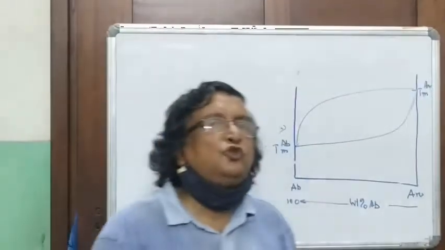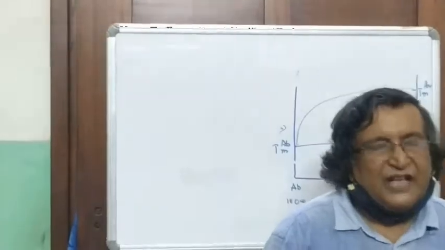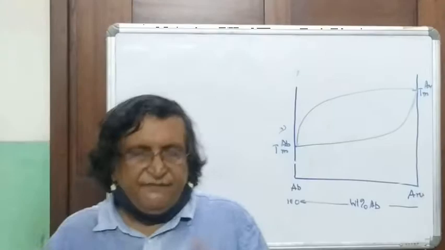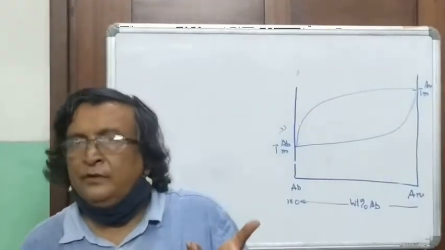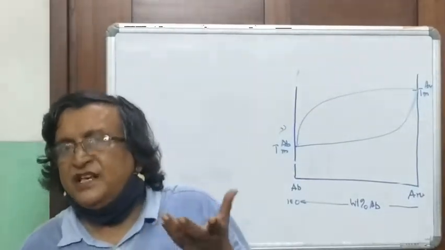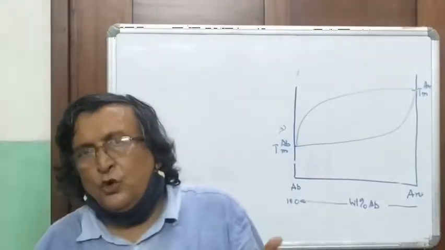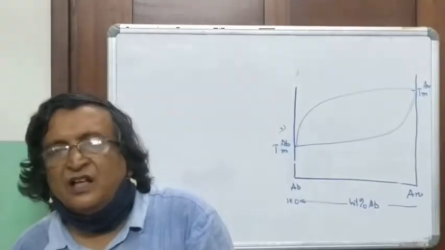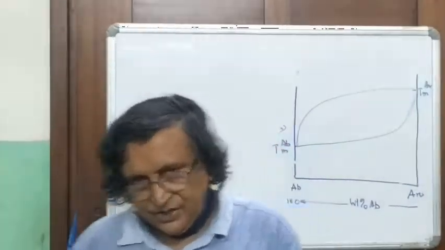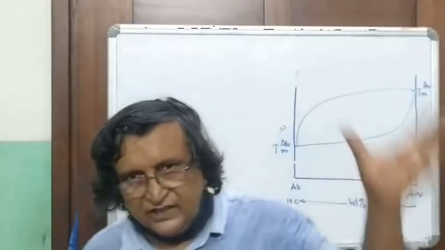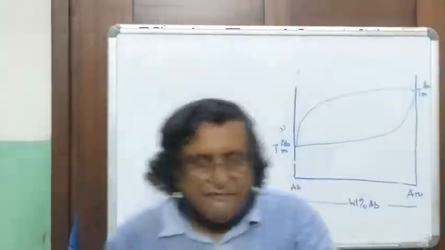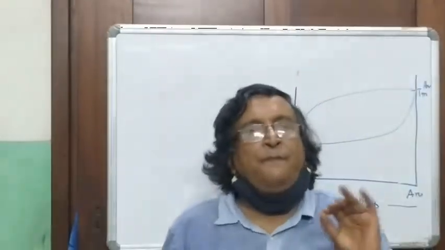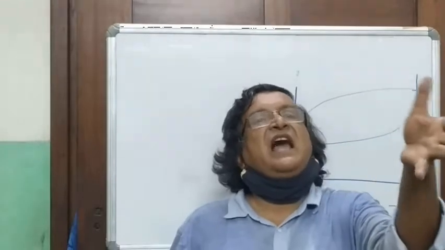In fact, unzoned crystals of plagioclase are quite uncommon, which tells you that fractional crystallization is a dominant process rather than equilibrium crystallization. That means fractional crystallization is the rule. Equilibrium crystallization is an idealized version.